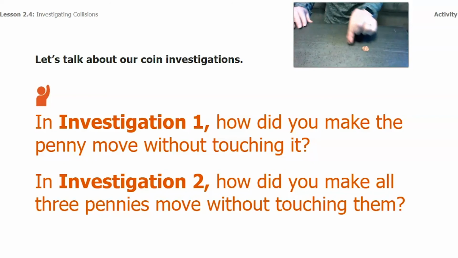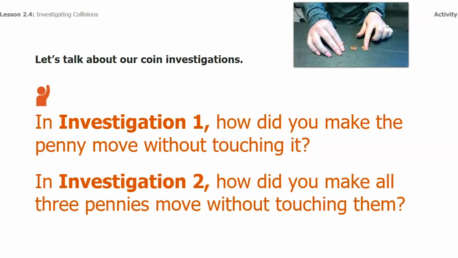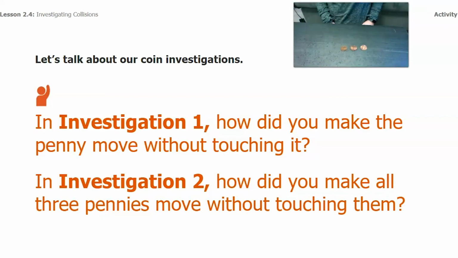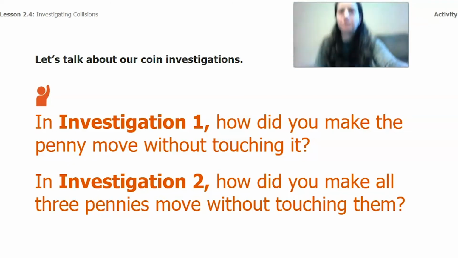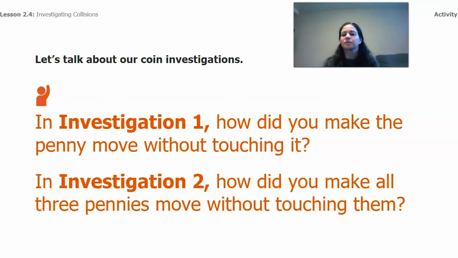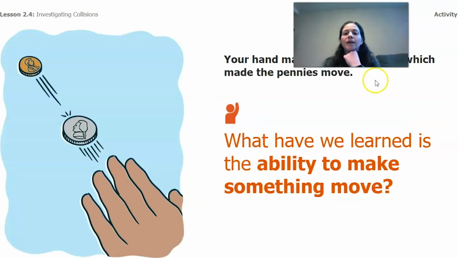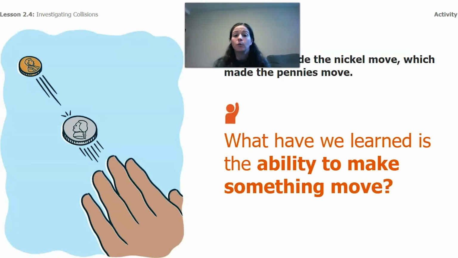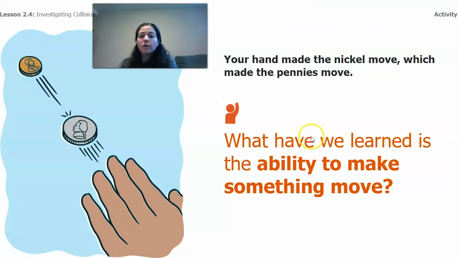So for this one, what I ended up doing was I put all 3 pennies in a line. I took my nickel and I pushed it hard, which caused this penny to hit that penny, to hit that penny. So your hand made the nickel move, which made the pennies move.